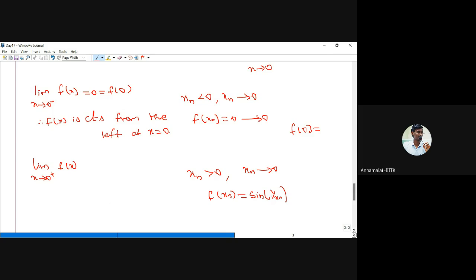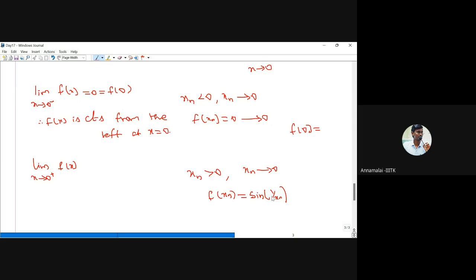Now, already we just proved that this limit, does it exist or not? No, it does not exist. So we get different limits. If you take some other sequence xn converging to 0, we get 0 sometimes, plus 1 sometimes, and even minus something.